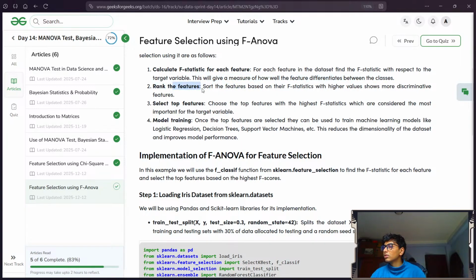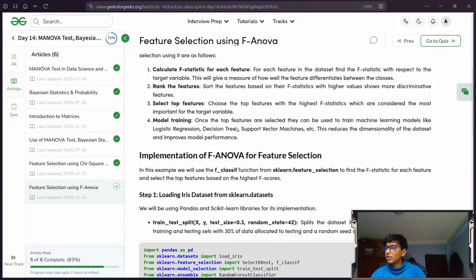Rank the features: sort the features based on their F-statistic, where higher values show a more discriminative feature. Select the top features: choose the features with the highest F-statistics, which are considered the most important for the target variable. Model training: once the top features are selected, they can be used to train machine learning models like logistic regression, decision trees, and support vector machines (SVM).